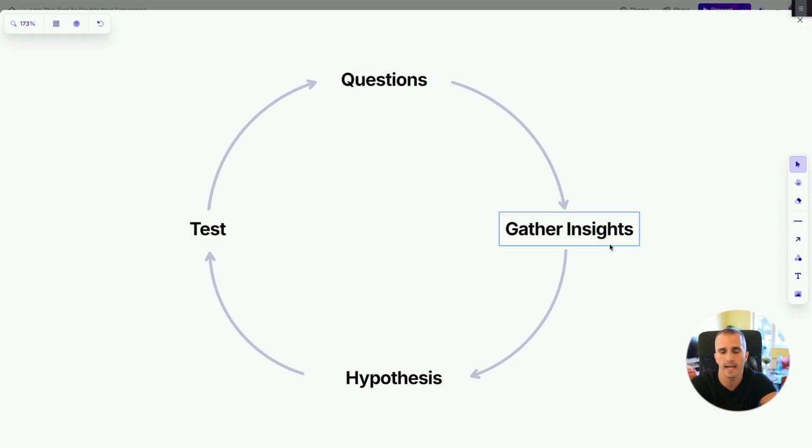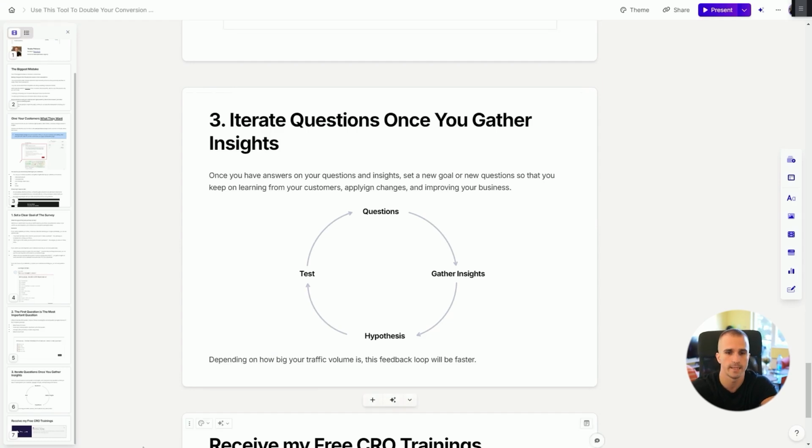So based on these insights, I think that improving this or that will contribute to a higher profitability. And then you want to test these hypotheses that you have created from these insights. Then after you test, you see if that has helped you with improving your profitability, and then you create a new set of questions that will help you gather more insights, and you keep going in this never-ending loop so that you are constantly increasing your conversion rate and the profitability.